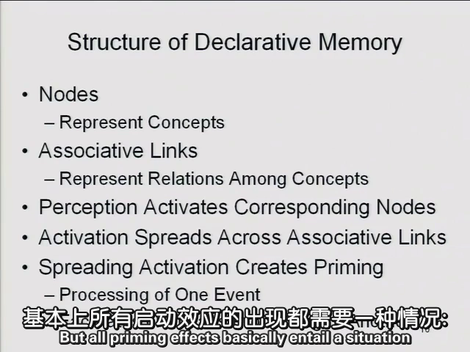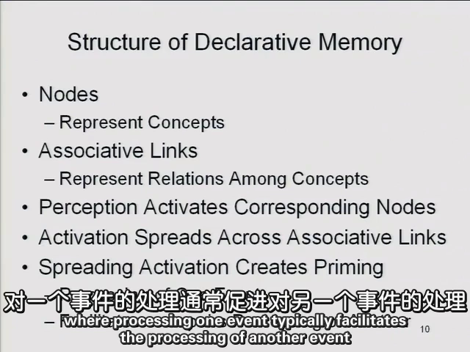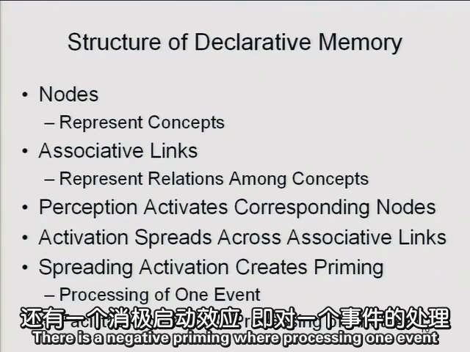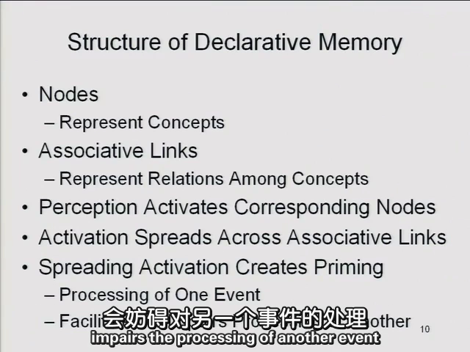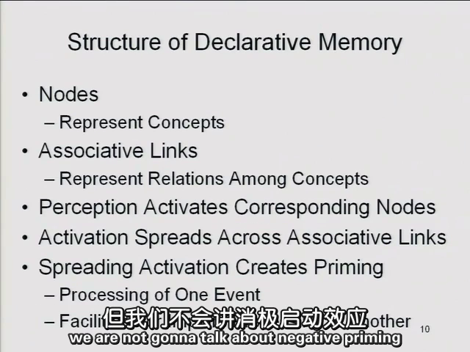But all priming effects basically entail a situation where processing one event typically facilitates the processing of another event. There's negative priming where processing one event impairs the processing of another event.